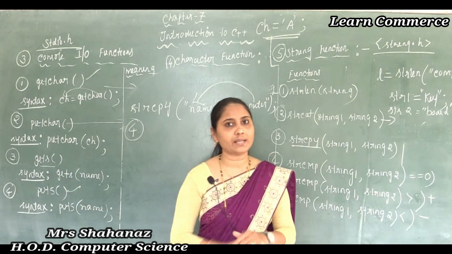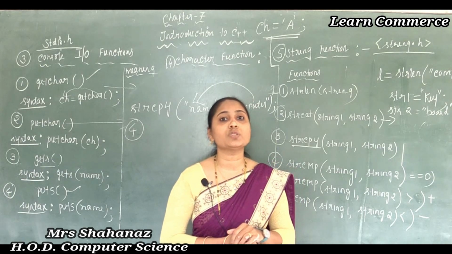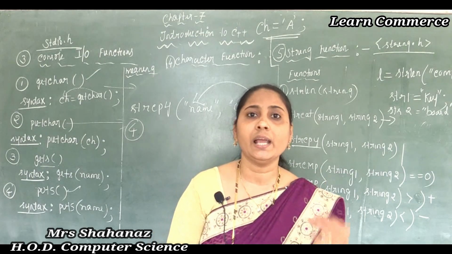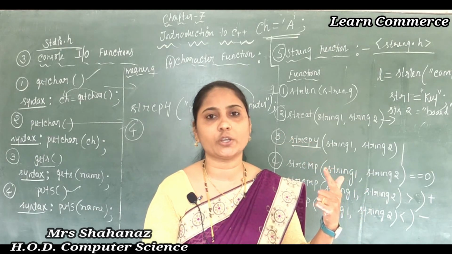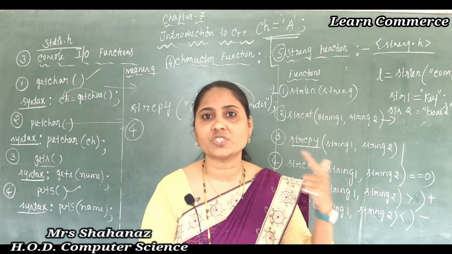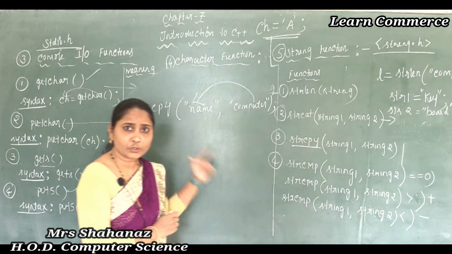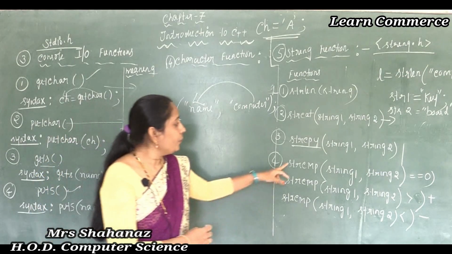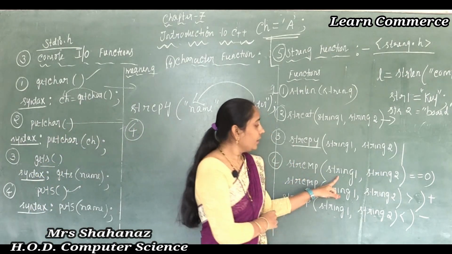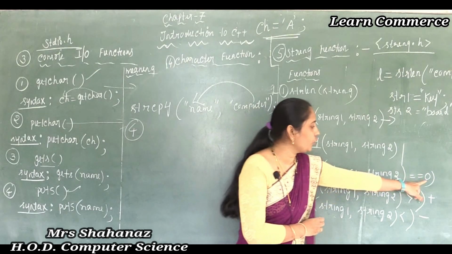And so here we can say that this function is used to compare two strings, that is string 1 and string 2, in this case here. So for example, if string 1 is equal to string 2, that means it will return the value 0.